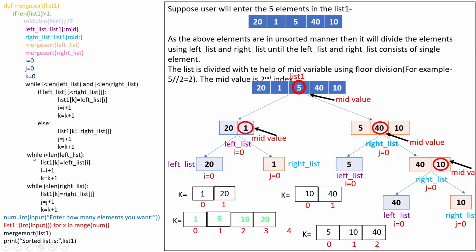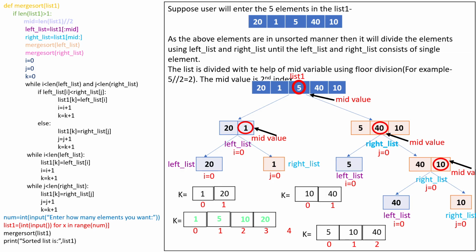While i is now already incremented in the if condition, so it is 2. While 2 less than length of left list, that is 2 less than 2, false. It will terminate out of this loop and come to this while loop. While j is what now?